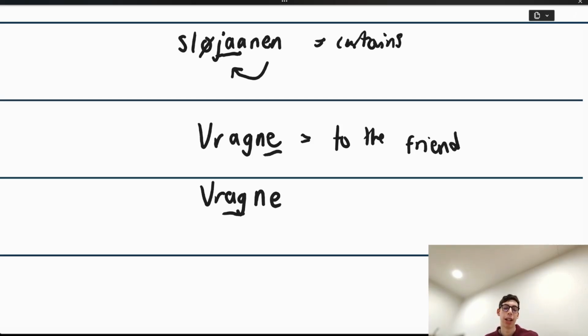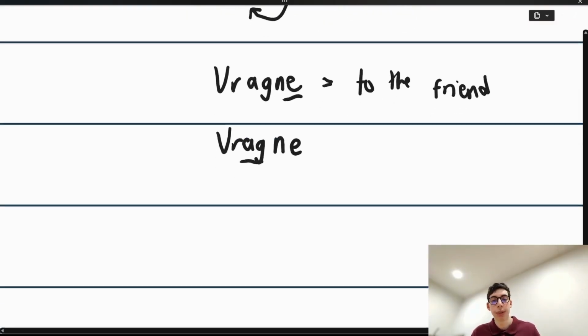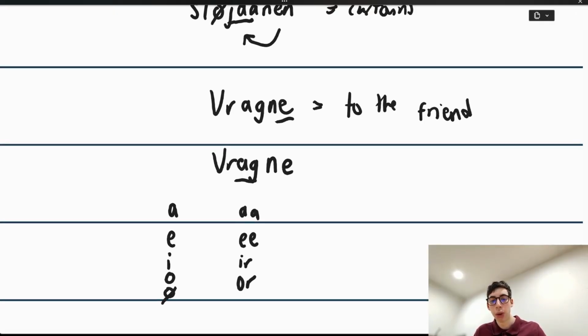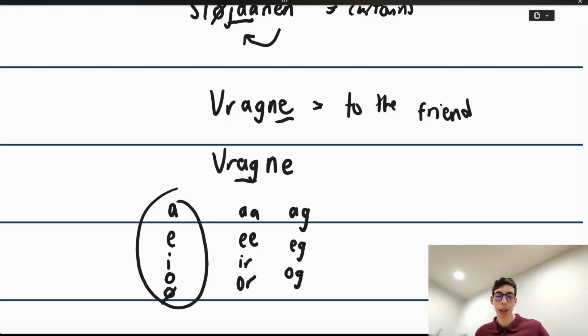I know, technically there's no syllables to the left, so it doesn't matter. But I just want to demonstrate that a palatalized vowel, so we have a G next to it, counts as long as well because it's more than one letter, right? So our short ones are going to be A, E, I, O, U. Our long ones are going to be R, E, or I, A, or I. Right? So short on the left, long on the right.